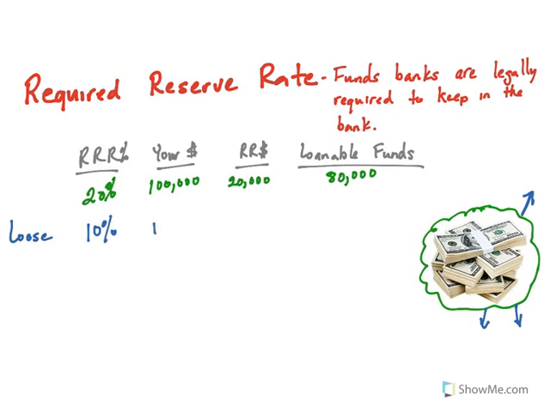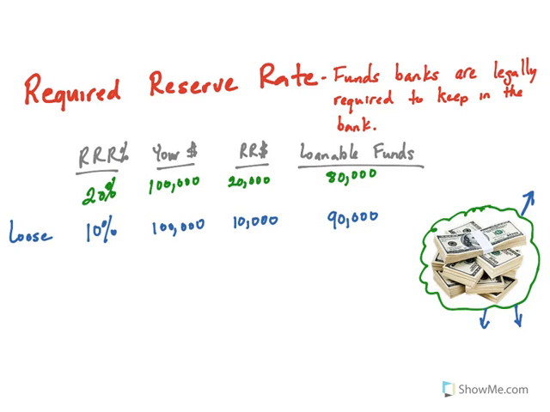Remember, you still have $100,000 in the bank, and with a new required reserve rate, the bank is obligated to keep $10,000 of your money in the bank on hand for you to utilize as cash, and they're going to have $90,000 that they can loan out.